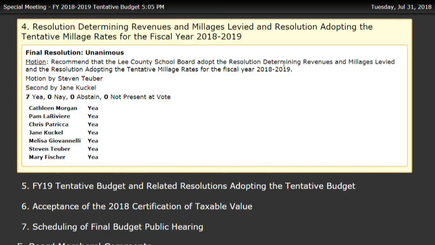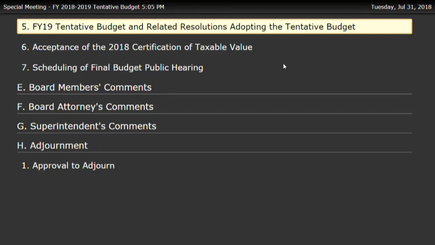Next recommendation, recommend that the Lee County School Board adopt the tentative budget and related resolution adopting the tentative budget for the 2018-19 school year as follows. General operating in the amount of $876,666,082. Special revenue budget in the amount of $115,484,050. Debt service budget in the amount of $63,931,247.